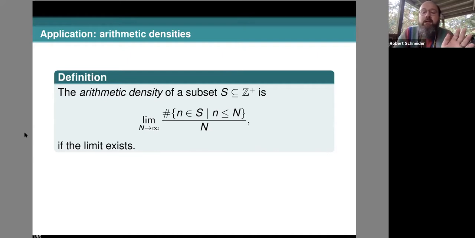Now look, I've got nothing against this beautiful definition of the arithmetic density, but I do want to say that it isn't the greatest, because arithmetic density doesn't really have anything to do with the first n integers. Arithmetic density has everything to do with the integers that are not in this expression. The tail.